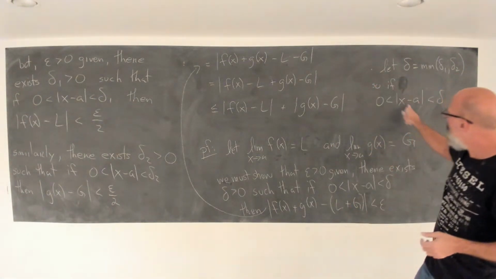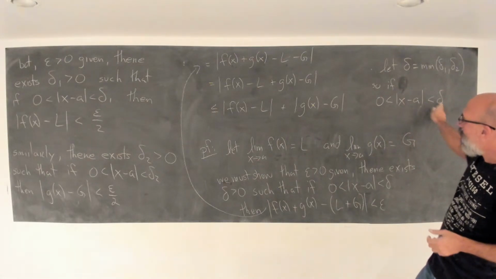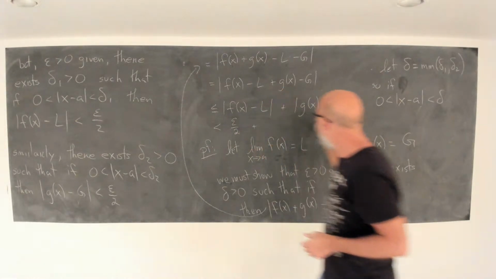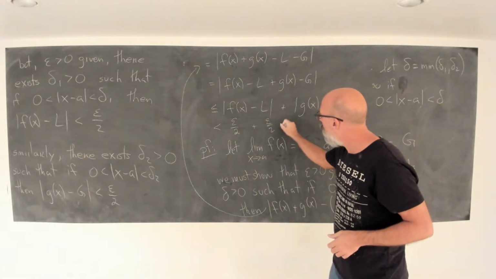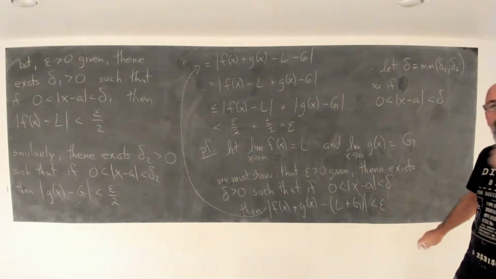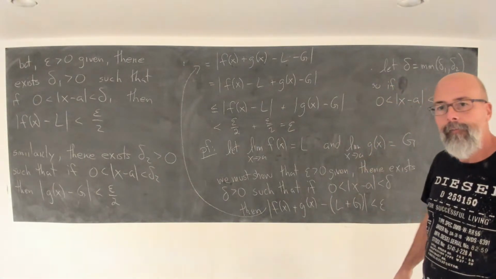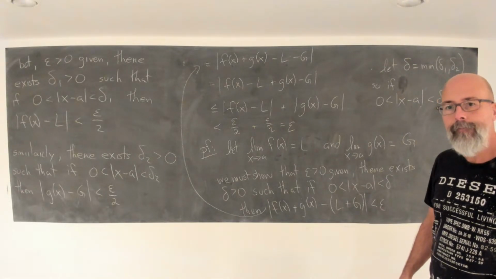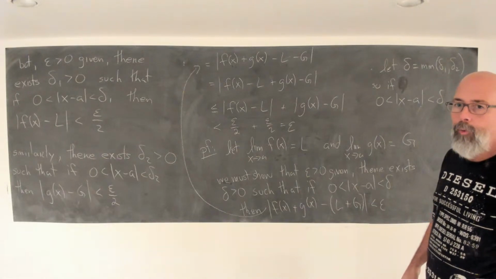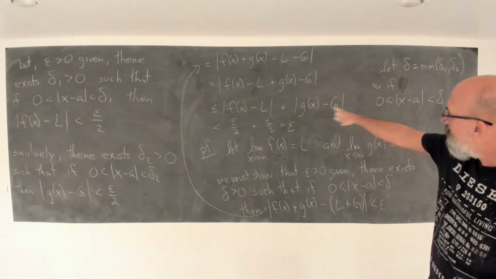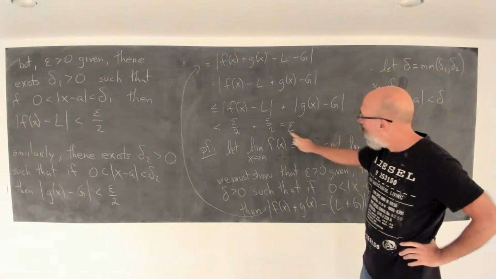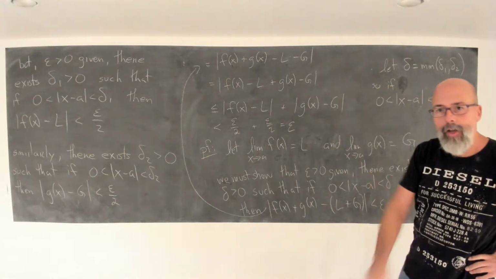In this case, this is less than epsilon over 2 and that is less than epsilon over 2, which gives epsilon, exactly what we wanted to prove. Now you see how we came up with epsilon over 2. If every piece can be made less than epsilon over 2, we get the required epsilon.